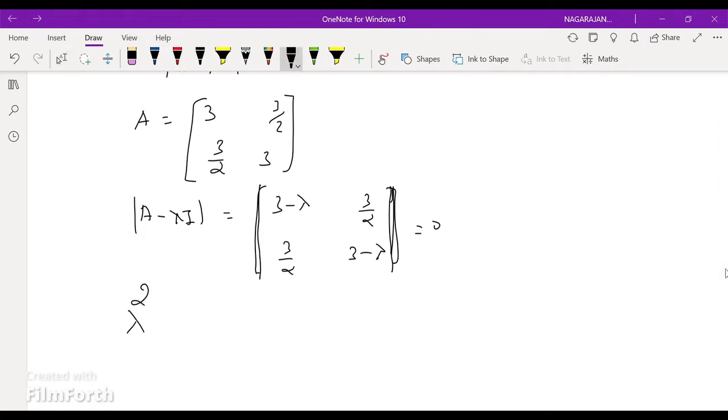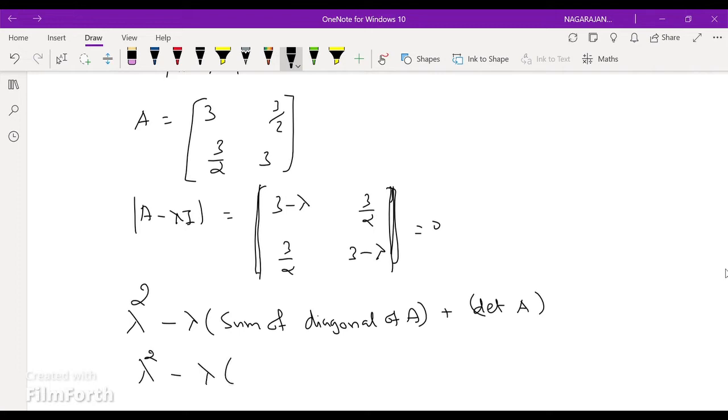It is of second degree: lambda squared minus lambda into the sum of the leading diagonal of A plus the determinant value of A. So lambda squared minus lambda into the sum of the diagonal, 3 plus 3, 6, plus the determinant, 9 minus 9 by 4, that is 27 by 4, 6.75.